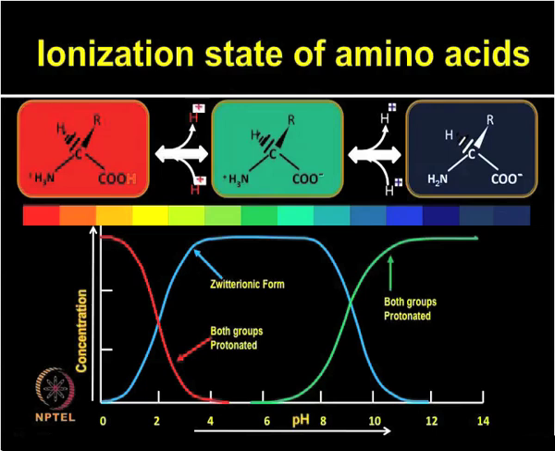At neutral pH, the amino acid exists as dipolar ions or Zwitter ions. The amino group is protonated, NH3 plus, and the carboxylic group is deprotonated, COO minus. Now, this dipolar form can exist till pH 9. When you move to the basic pH, the protonated amino group loses its proton and forms NH2.